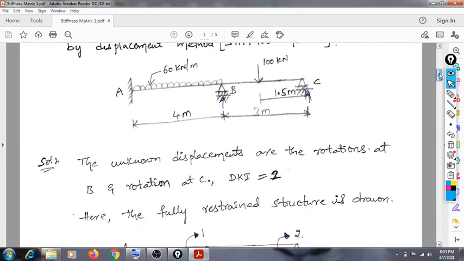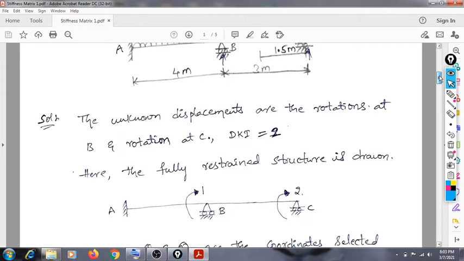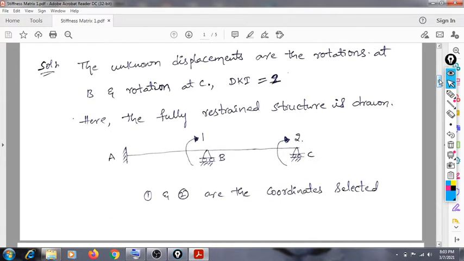Next, the fully restrained structure is drawn. When you observe, a released structure is drawn for flexibility, and the name itself gives the flexible nature. In the same manner here, restrained means stiff; we are restraining the structure.